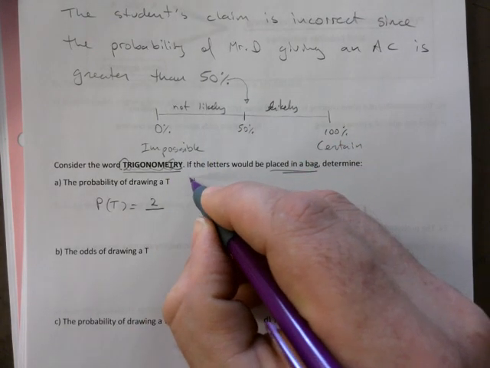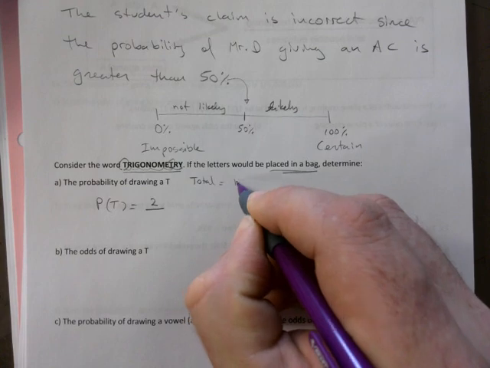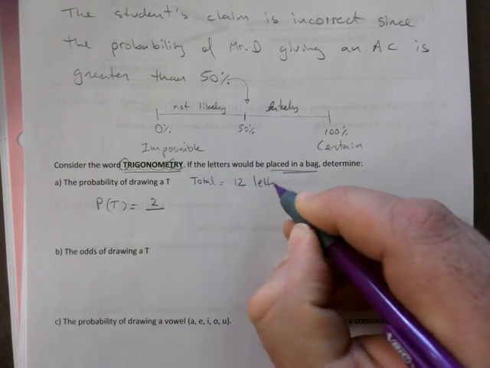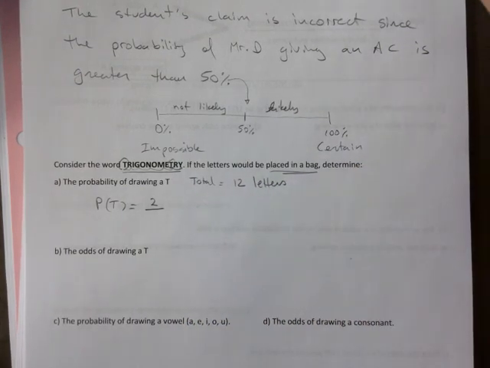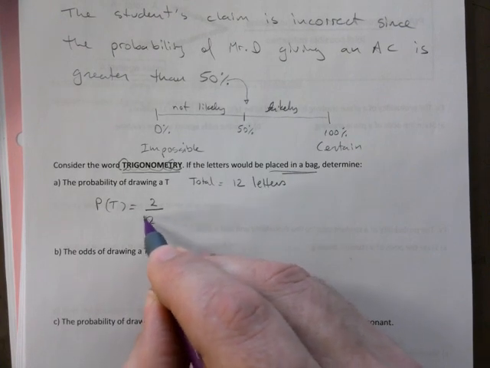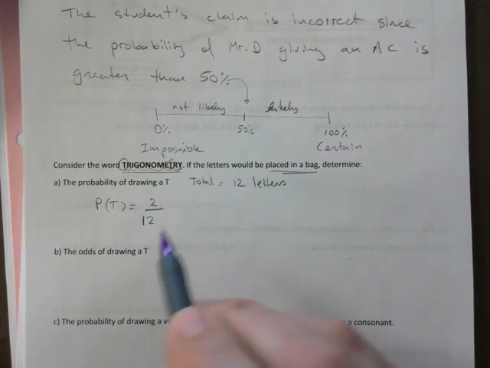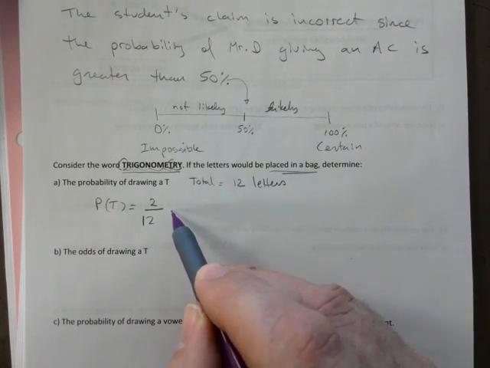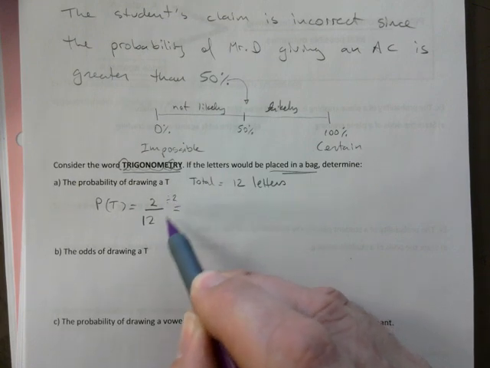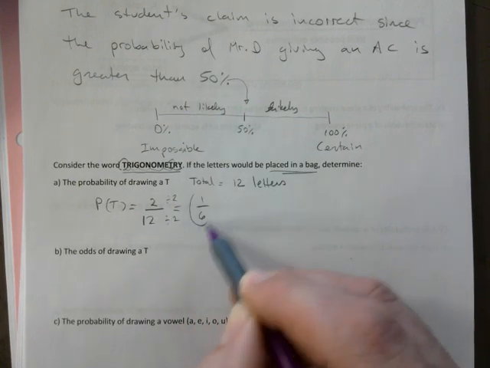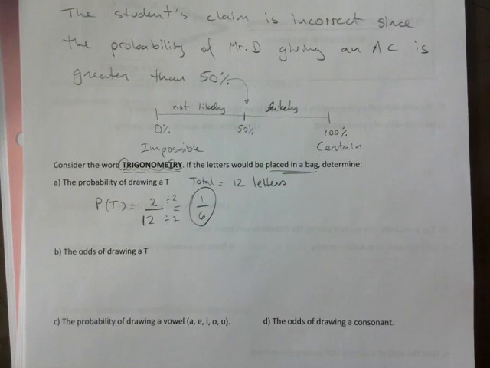Total would be 12 letters. So when you have a probability scenario, you somehow have to come up with the total. So it's 2 out of 12. Let's reduce this. Divide by 2, divide by 2. 1 over 6 is better.